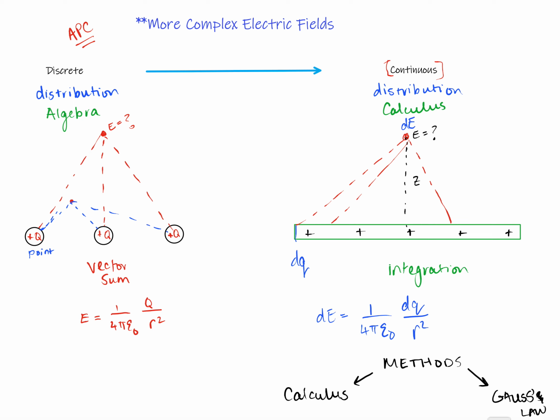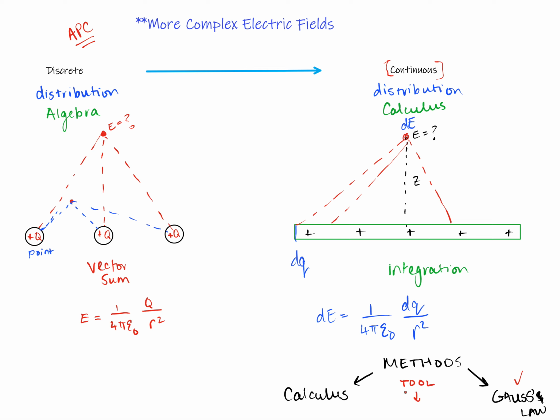So Gauss's law is actually where we're going to start, because we're going to get some abstract ideas defined. So we're going to start over here with Gauss's law, and then we're going to move to the brute force calculus way, and then look at when you pick one method over the other for figuring out the value of the electric field. And so in the next video, the main focus is going to be on a tool that we're going to need to do the method of Gauss's law.